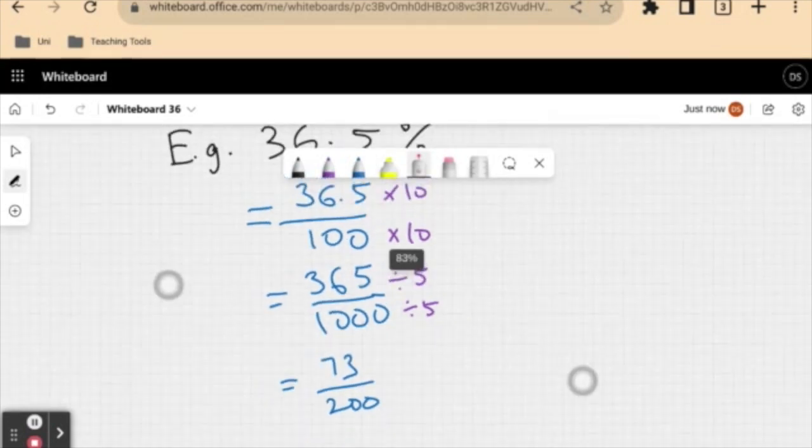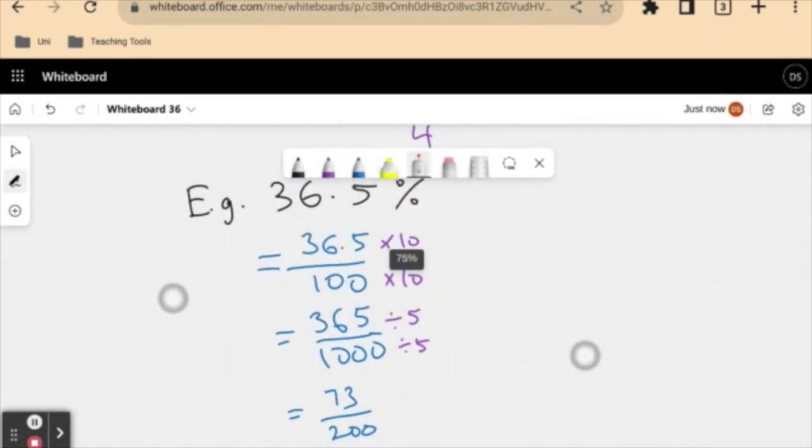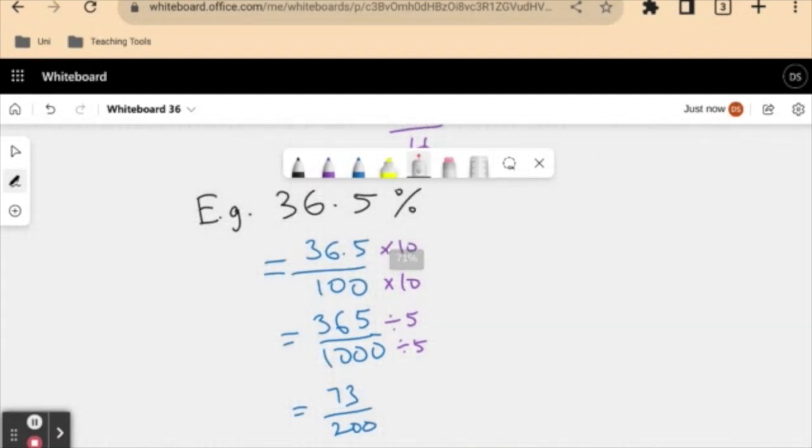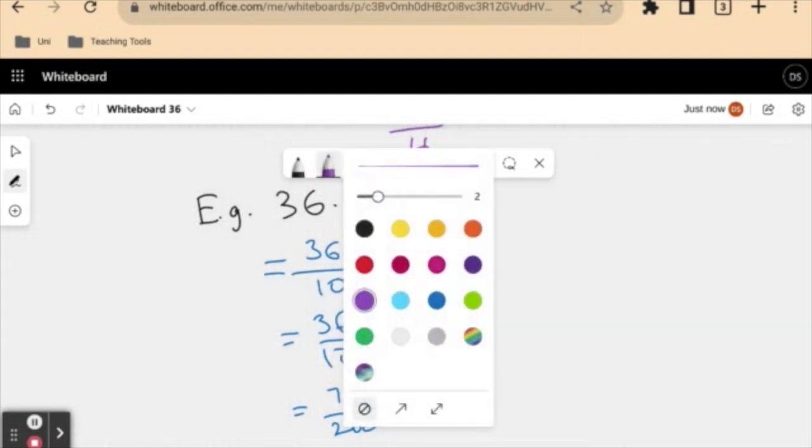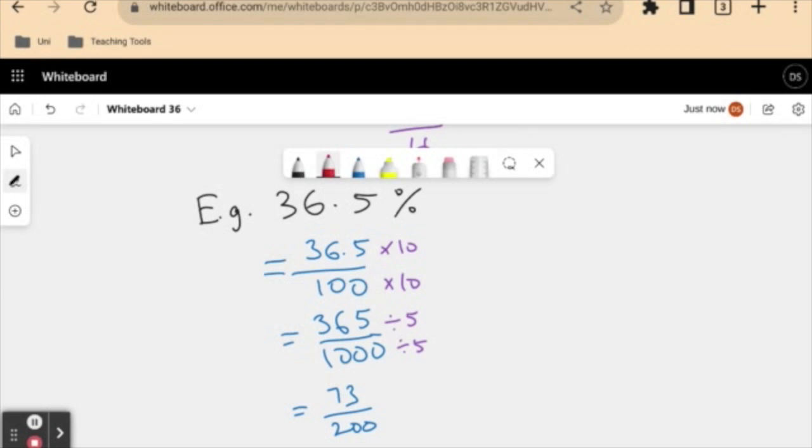Now, how could I have gotten here a little bit quicker? Well, let's have a think. Let's take another approach. So my approach 2, well, I can also clear this half, this 36 and a half or 36.5 by just multiplying it by 2, because 2 halves are going to make a whole.